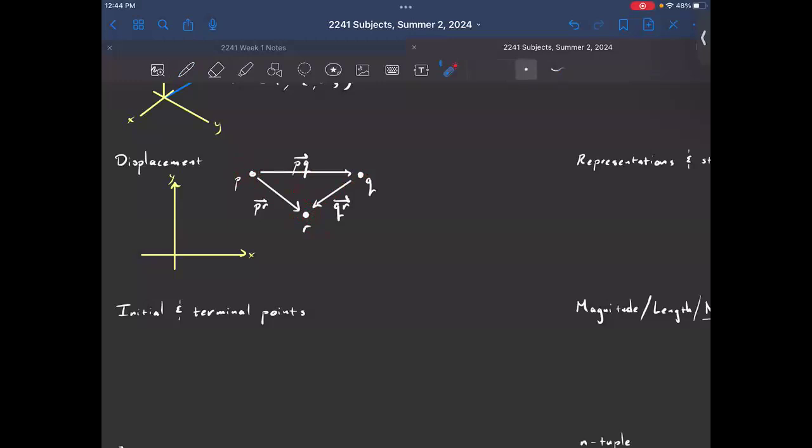In one dimension, you can think of walking from P to Q, and then maybe you walk back a little bit. So let's say this is 5, this is 2 backwards. So I add 5, subtract 2. My displacement would have been 3 from my initial position. Okay.